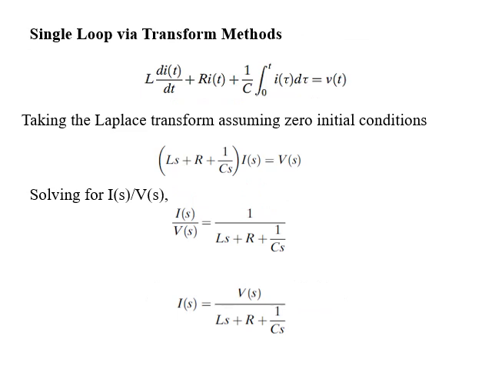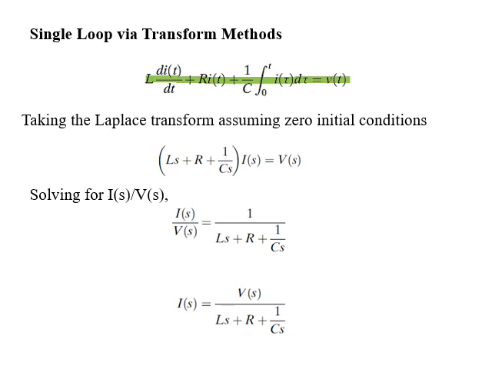Another method we can use is the single loop transform method, in which we use Ohm's law, which implies that voltage is equal to the product of current and impedance. From the previous method, we applied KVL and reached a first order differential equation where variable terms are current and voltage.